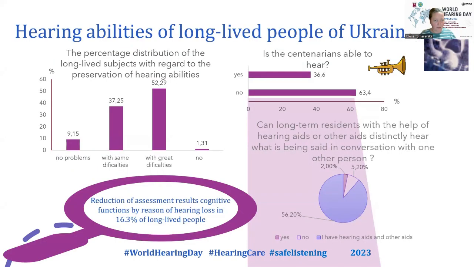Please, next slide. Hearing ability plays a big role in shaping the overall working capacity of a person. If we look at the learning ability and hearing ability of long-lived people, we will see that the percentage distribution regarding the preservation of hearing ability varies greatly, and we have a low percentage, less than 10%, of people who, upon reaching the period of longevity in their lives, do not have problems with hearing ability.